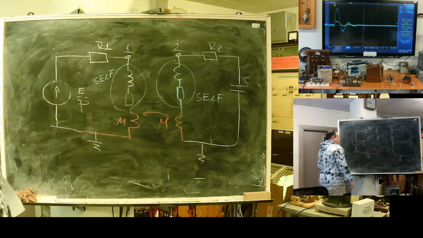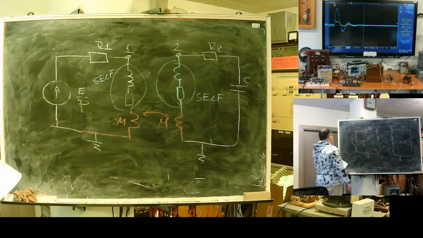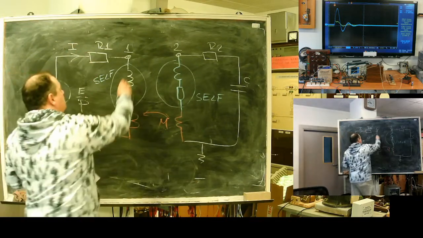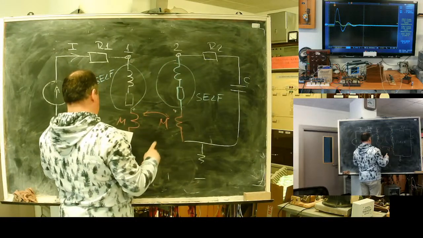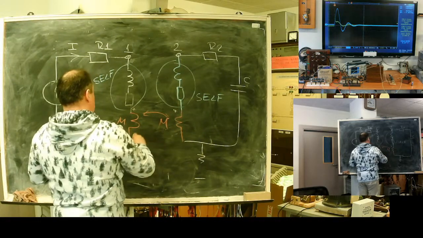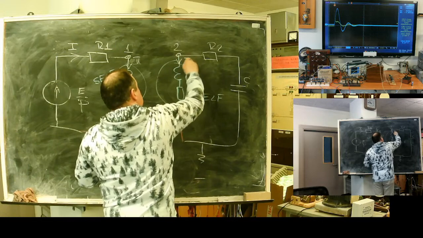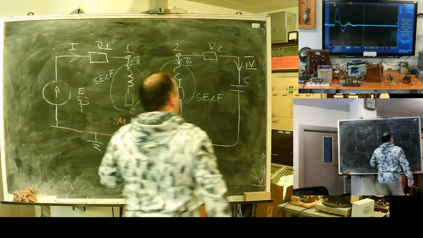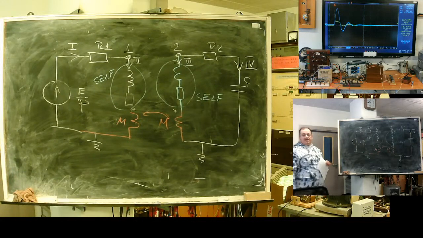When I solve the system, I will get voltages there. Okay, this is branch 1. I need to select directions. This is branch 1, this one is branch 2, this one is branch 3, and this one is branch 4. I have assigned numbers to branches and directions.